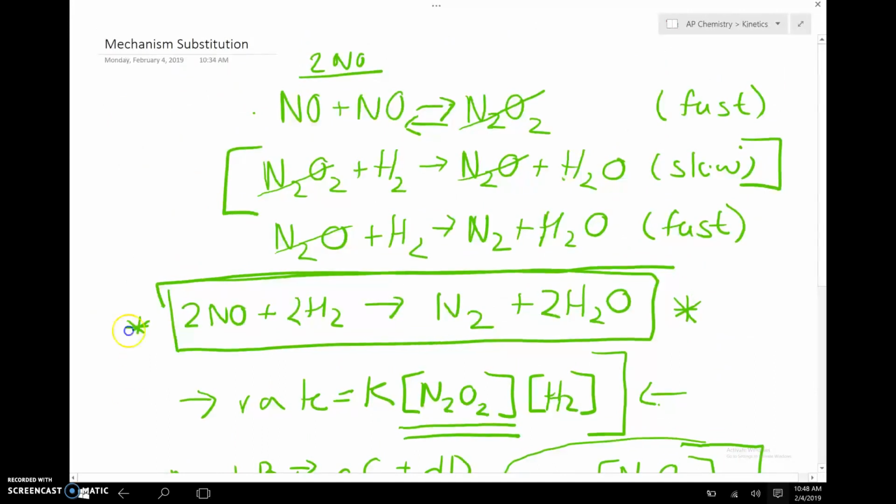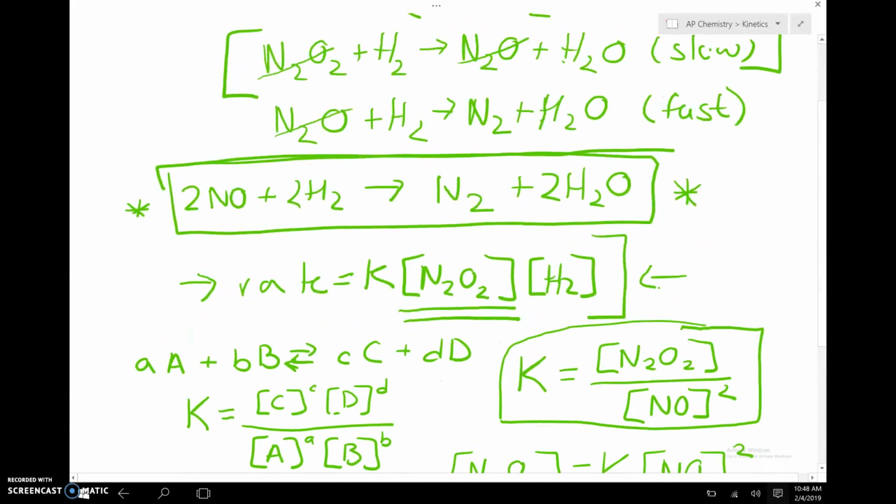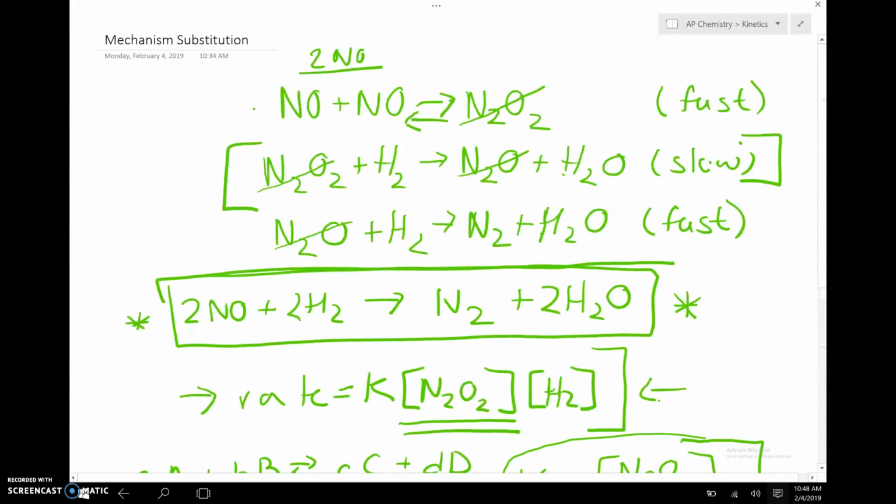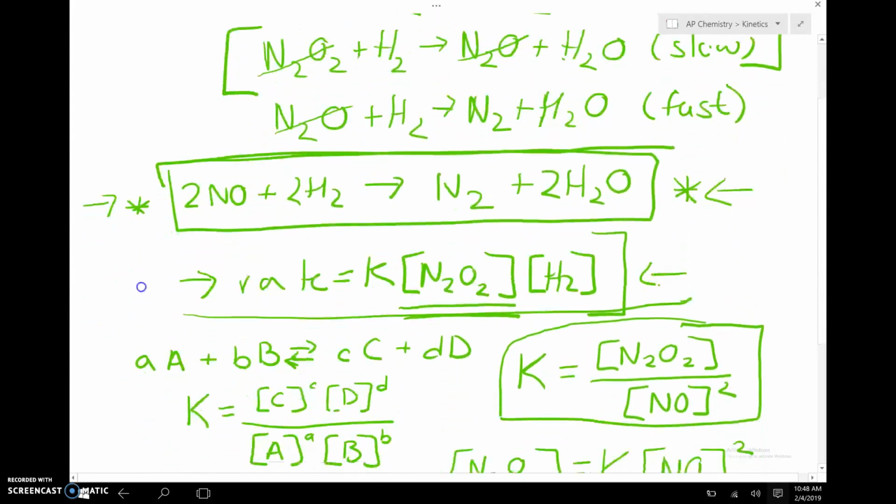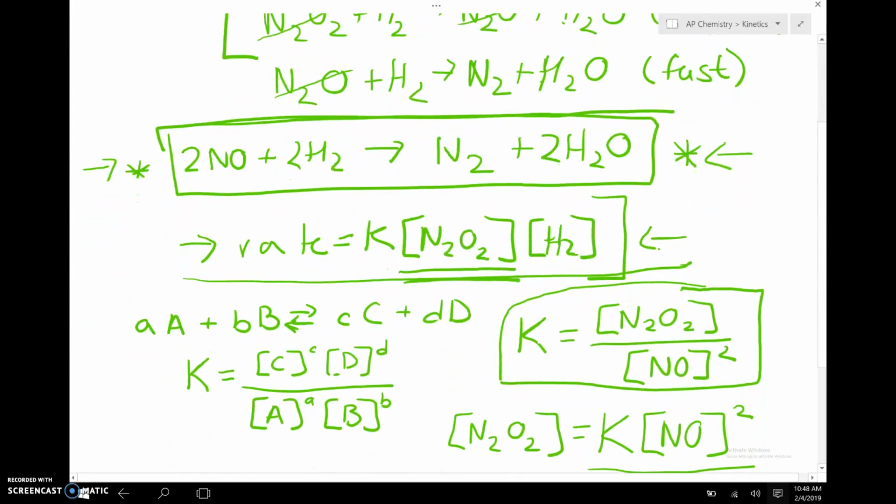Okay, so just to recap again, when we have a mechanism, we add it up to get the overall reaction. When we have a mechanism, we use the identified slow step to write the rate law based on molecularity. That's what we did right here, based on molecularity. Once we have that rate law, we check if it matches our expected rate law.